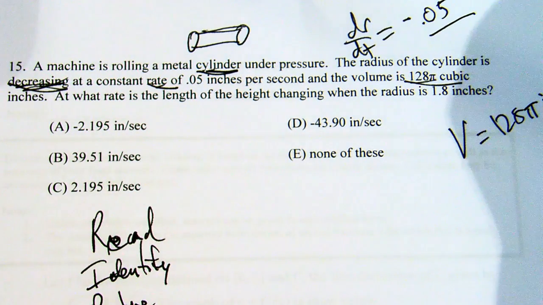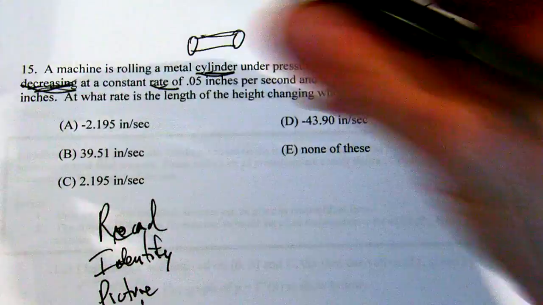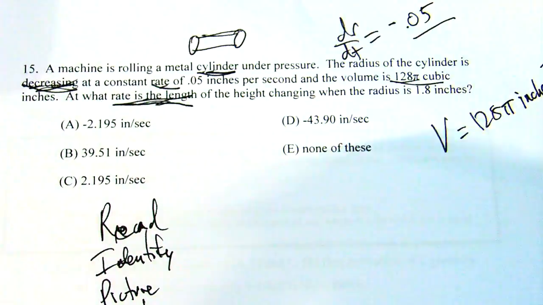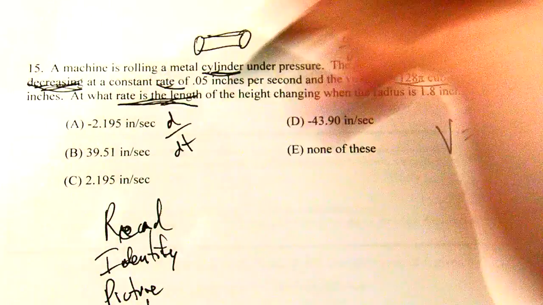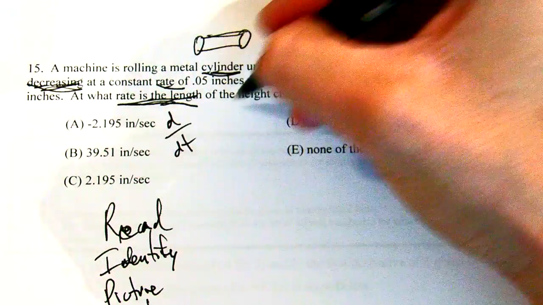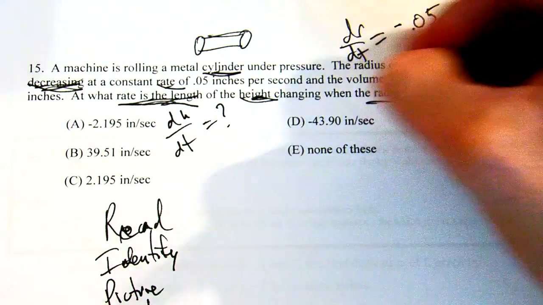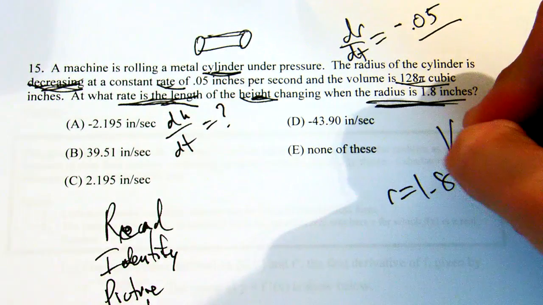And it says, at what rate is the length of the height changing? So I want the rate, so this is d/dt of the height, so that's dh/dt. I want to find that when my radius is 1.8, so r is 1.8 inches.